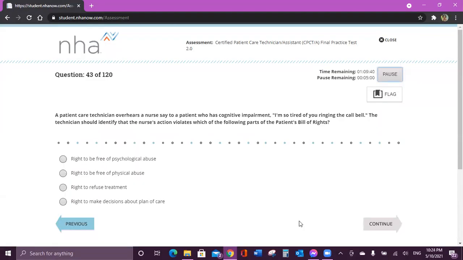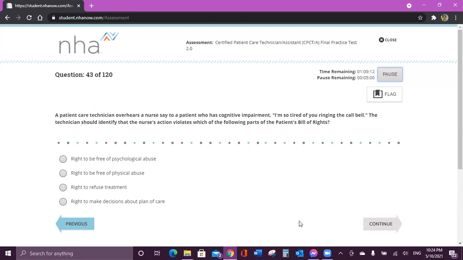A patient care technician is caring for a patient who has cognitive impairment. The technician should identify which nurse action is a violation of the patient bill of rights.